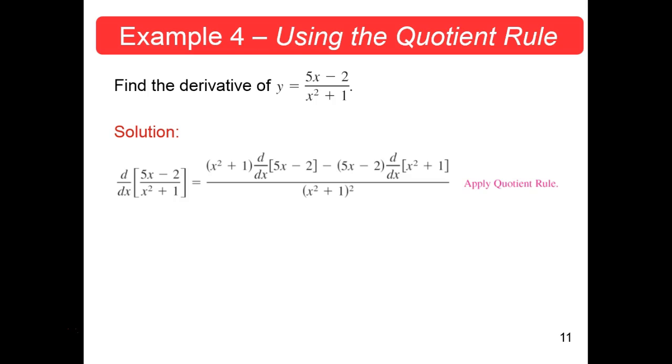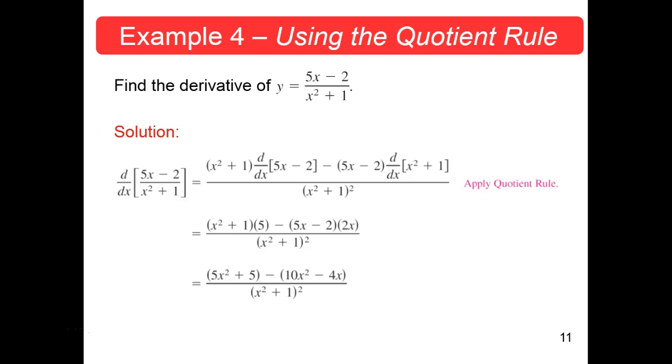d by dx of 5x minus 2 over x squared plus 1 is low, x squared plus 1, d high, which is the derivative of 5x minus 2, minus high, 5x minus 2, d low, which is the derivative of x squared plus 1, over low squared, x squared plus 1 squared. And just like we did, that gave you x squared plus 1 times 5 minus 5x minus 2 times 2x over x squared plus 1 squared.